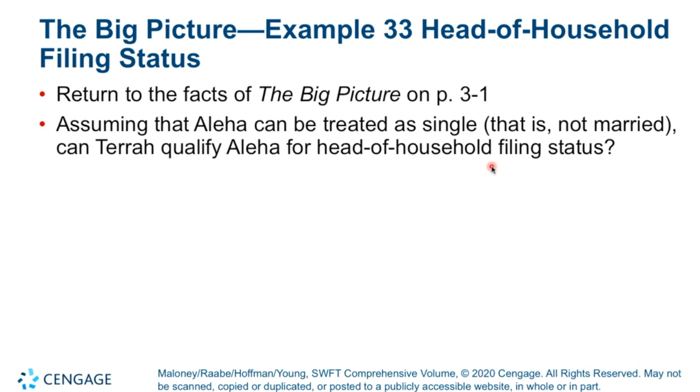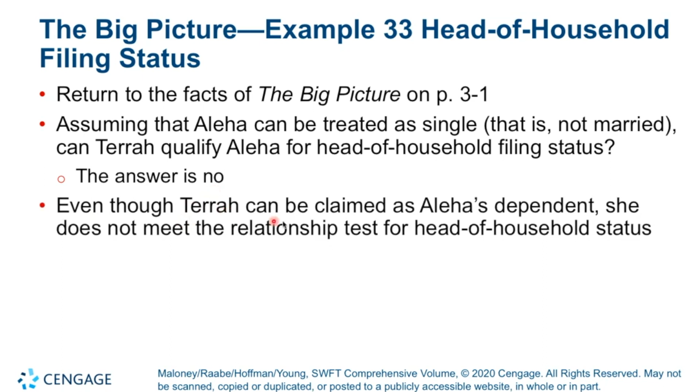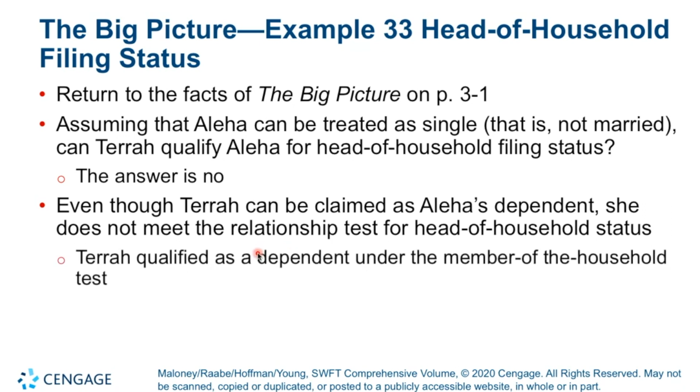Good question. Remember, her unemployed spouse abandoned her. The answer is no. Why? Even though Tara can be claimed as A's dependent, she does not meet the relationship test for head of household status. So they can't be a random person to qualify for head of household. It has to be related.